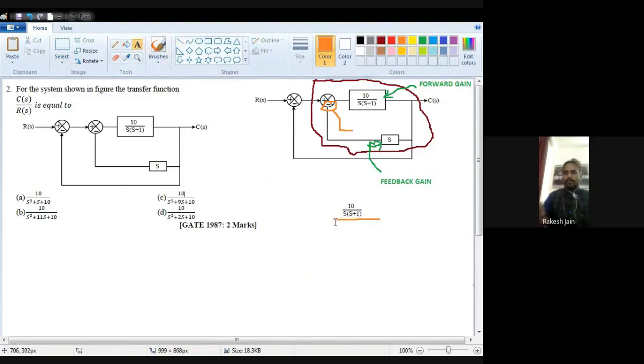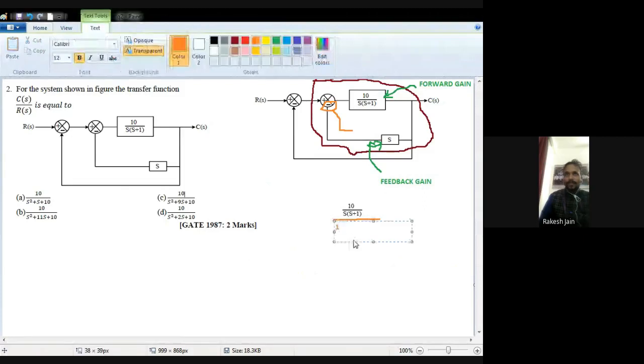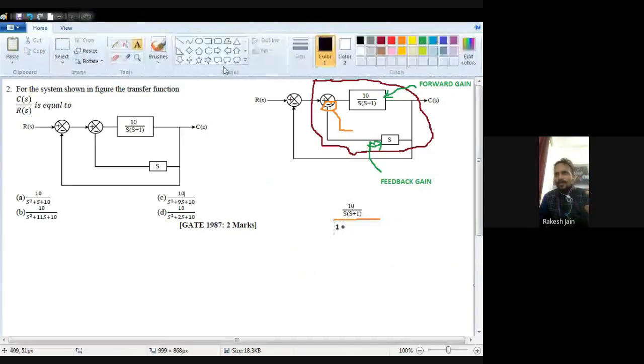But here I have to use only the plus because the feedback comes with the negative, because negative feedback is there. So 1 plus forward into feedback. So what was the forward? Forward was the same, 10 upon S(S plus 1), multiplied by feedback. So what is the feedback? Feedback is your S. Yes, so this one. So this is how we solve the inner block.